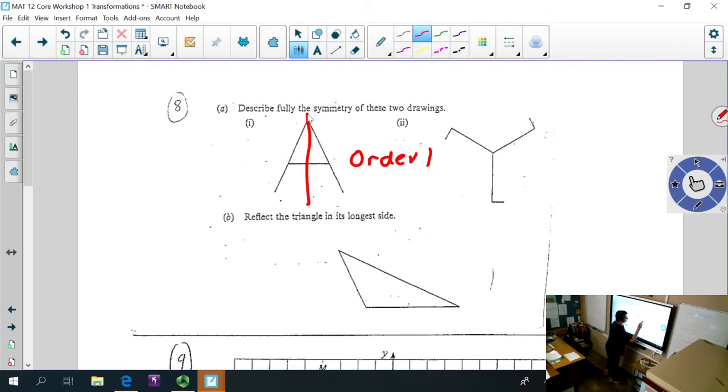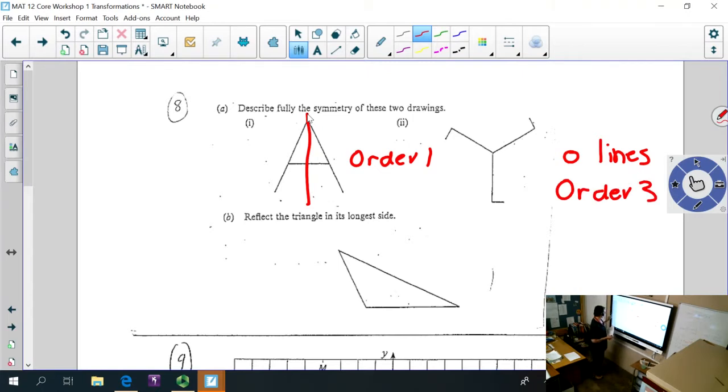Look at this one, lines of symmetry: 0. No lines of symmetry. And then order, how many times will this one be able to turn around? 3. Order 3. Use your tracing paper if you're in doubt.